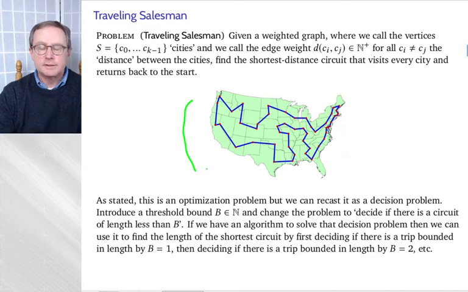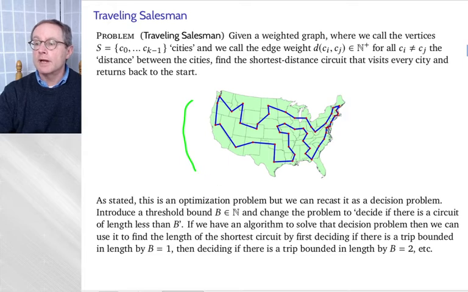I mean, obviously there isn't. Decide if there's a circuit of length less than 2. Decide if there's a circuit of length less than 3. At some point, you'll get a yes. So if you could solve the decision problem, at some point you'll get a yes, that's the minimum distance.